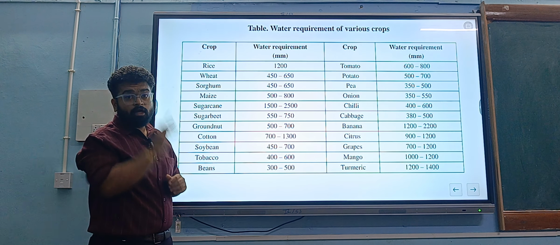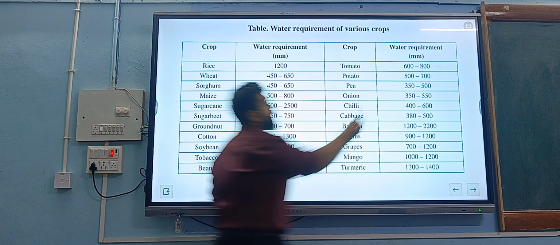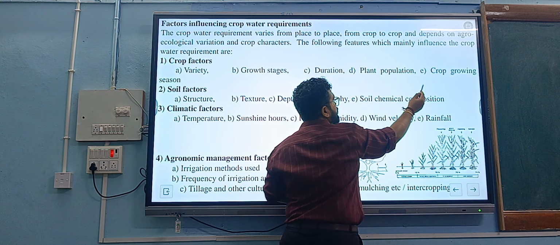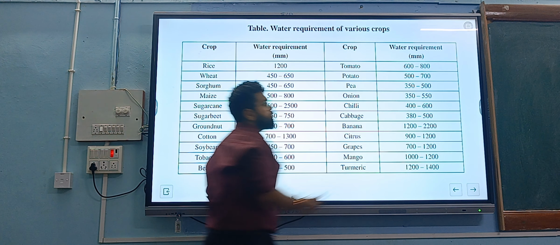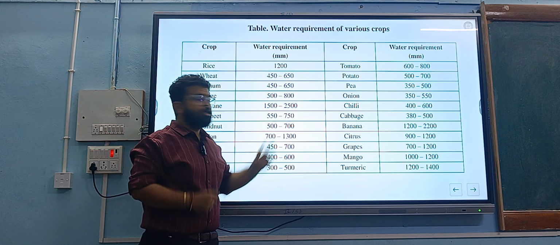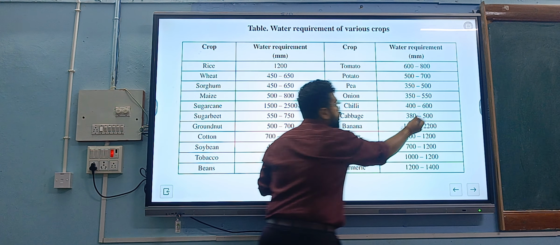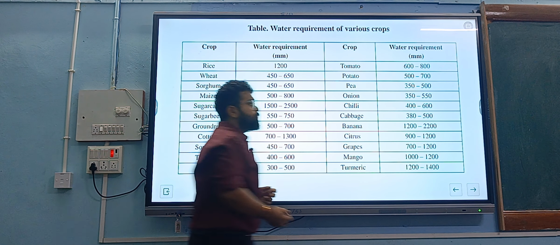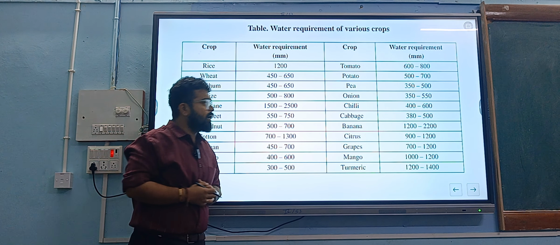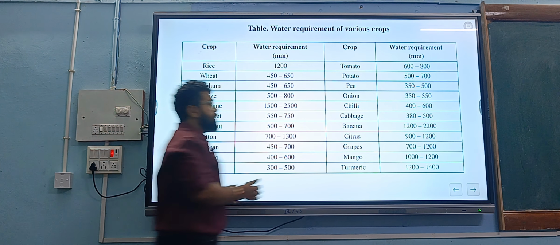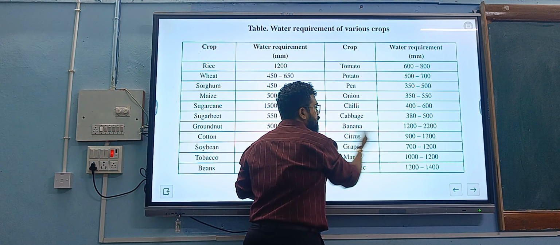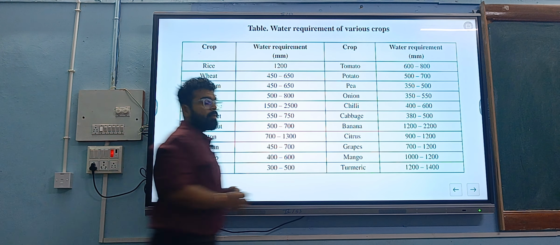The tomato requires around 600 to 800 mm. Potato also requires a similar amount, around 500 to 700 mm of water. Onion requires 350 to 550 mm. Chili requires around 400 to 600 mm. Cabbage requires 380 to 500 mm. Then among the perennials, banana requires around 2200 mm of water.